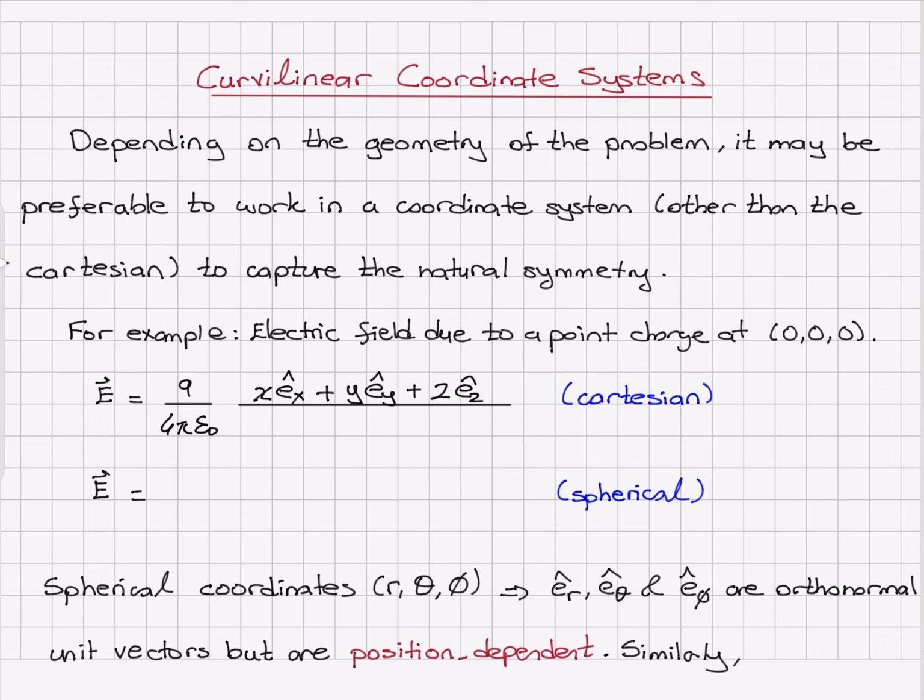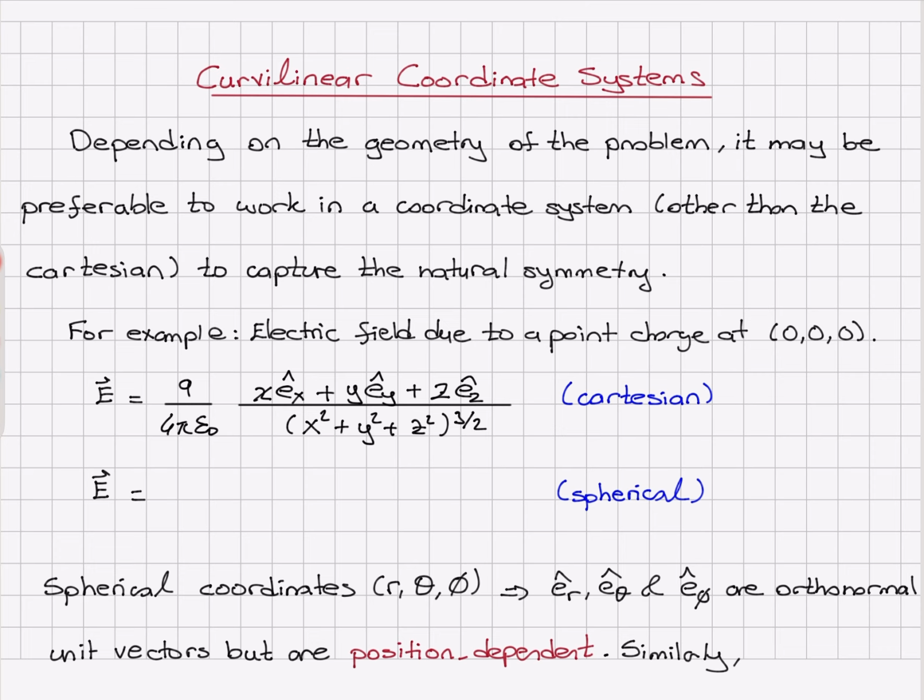So xyz is the position where we're trying to calculate the electric field, divided by x squared plus y squared plus z squared to the power 3 over 2.